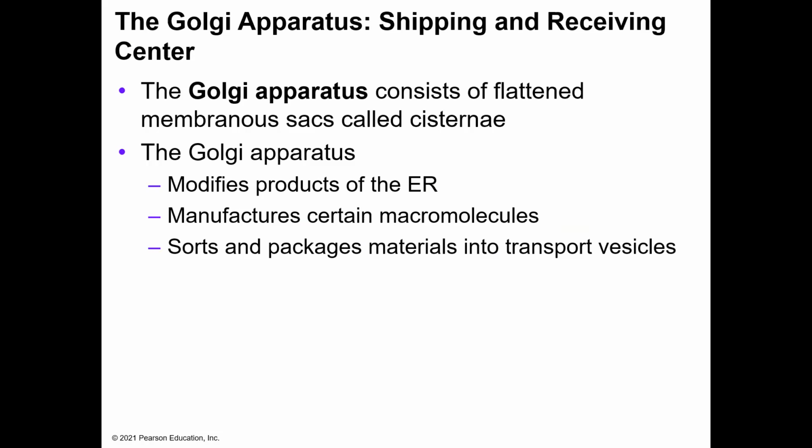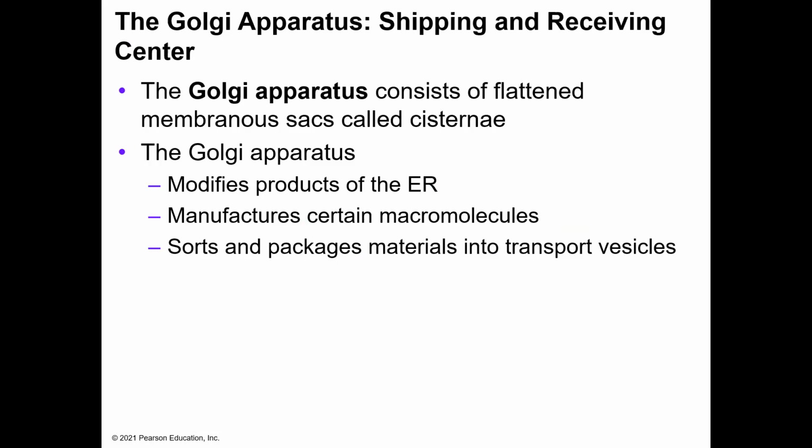The Golgi is important for several different reasons. It modifies the products of the ER, the endoplasmic reticulum. So in either the smooth ER or the rough ER, when they create products that need to be sent to different parts of the cell or to be sent outside of the cell, it will first be sent to the Golgi.